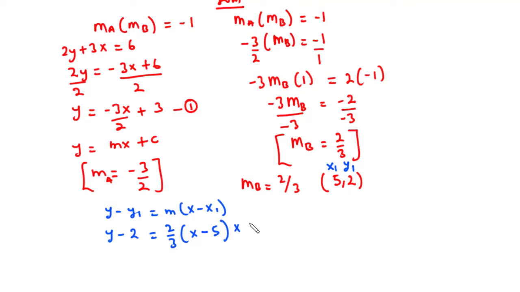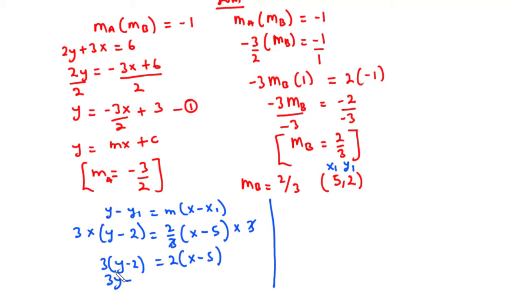So we can multiply both sides of the equation by 3 to do away with the fraction, so that we have 3 into brackets y minus 2 equals 2 into brackets x minus 5. Now let's multiply across. 3 times y is 3y, 3 times 2 is 6, 2 times x is 2x, and then 2 times 5 is 10.